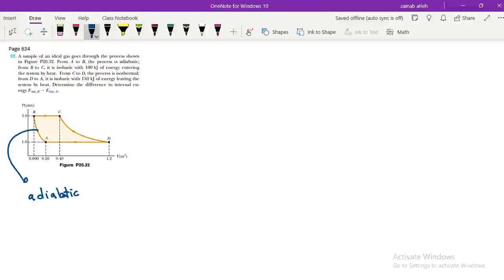From B to C, it is an isobaric with 100 kilojoule of energy entering the system by heat. So we have a Q_BC, this is Q_BC. It's the energy entering the system by heat. It's equal to 100 kilojoule. When he says entering, he means it's absorbed by the system. So I have to write Q as a positive value.